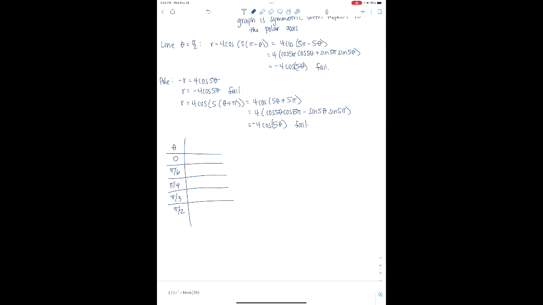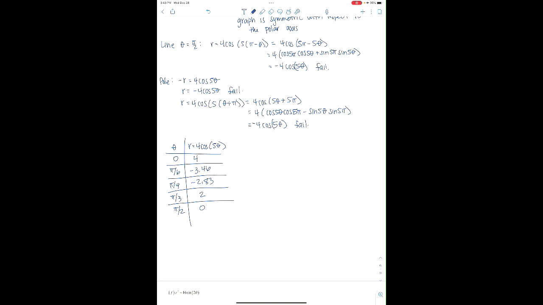So at 0, we're looking at r equals 4 cosine 5 theta. We get out 4. At pi over 6, we get negative 3.46. At pi over 4, we get negative 2.83. Pi over 3, we get 2, and pi over 2, we get 0.